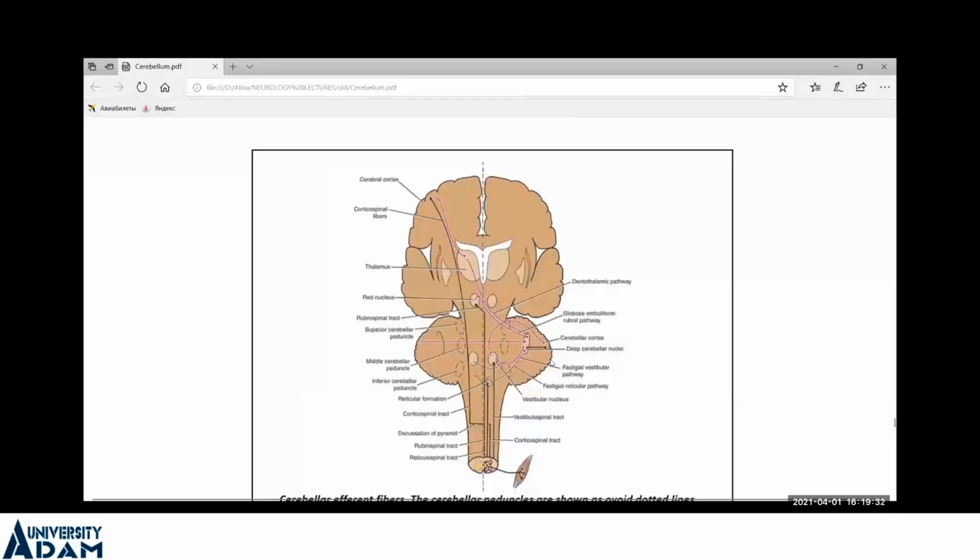So as you can see here, the dentatothalamic pathway influences ipsilateral motor activity, okay?